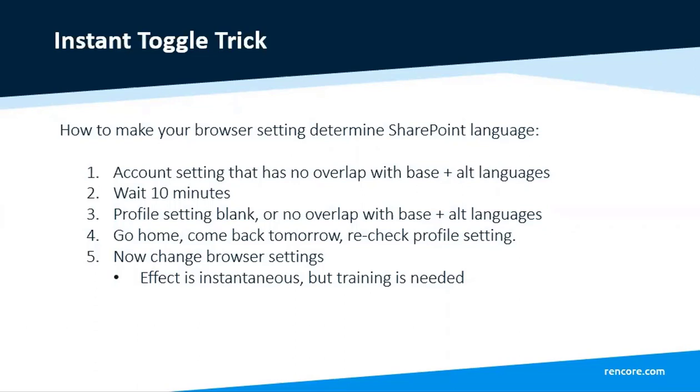Then you can change your browser settings, and in the absence of any profile settings, your browser settings are going to be what determines SharePoint's language. And changing your browser settings is instantaneous. Changing profile setting is not. So if you need to do this, then use this trick. That's an instant toggle. Obviously, you can't train all your users to do that. There are only a few power users who can use this, but it's very quick. It's very efficient.